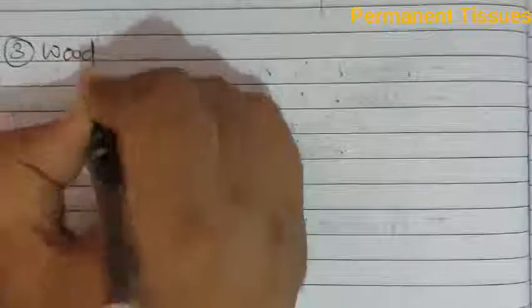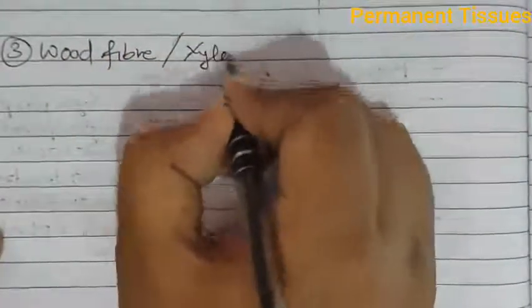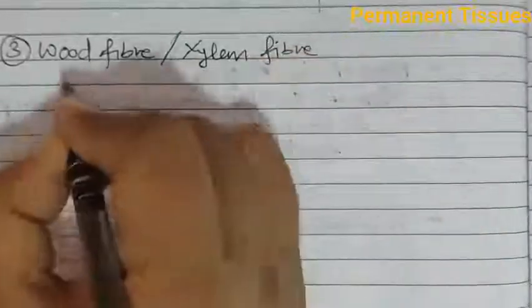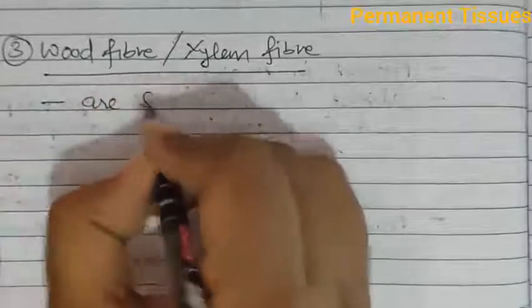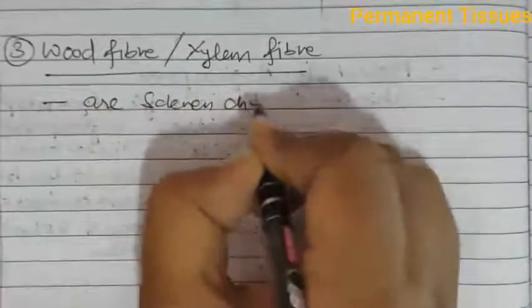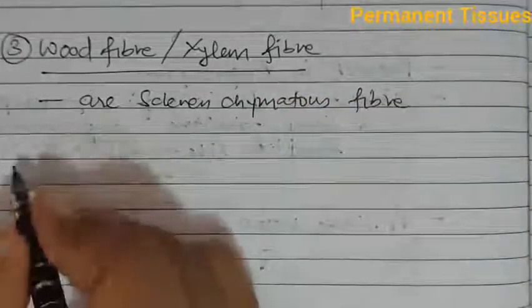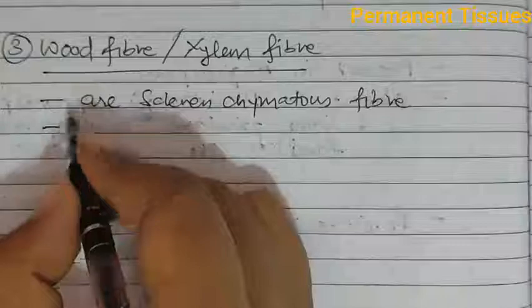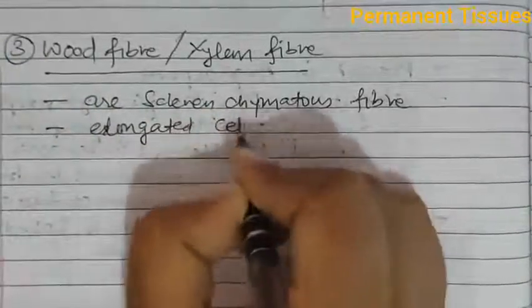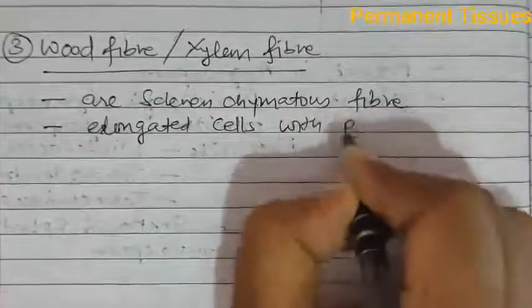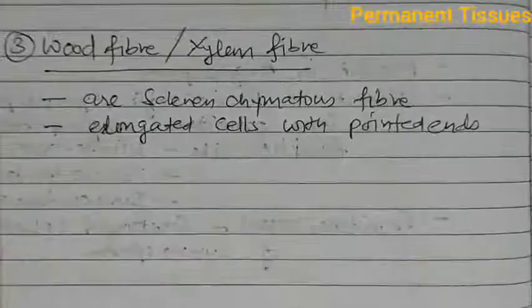Third is wood fiber or xylem fiber. This wood fiber is nothing but sclerenchymatous fiber. So they are elongated cells with pointed ends on both sides.